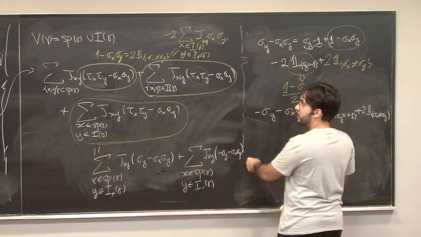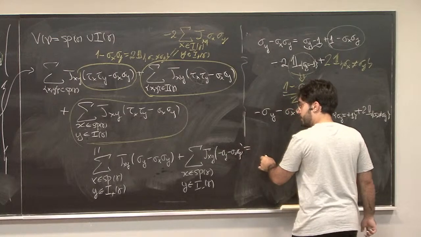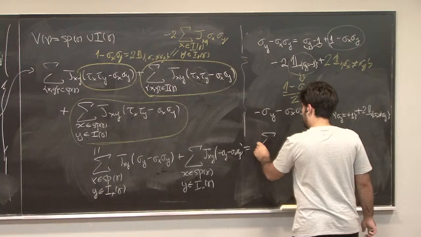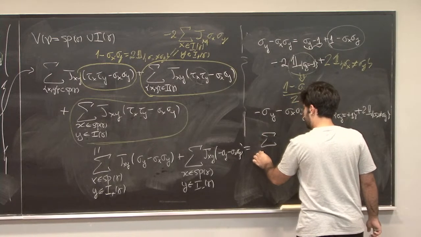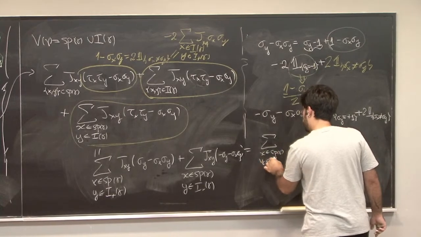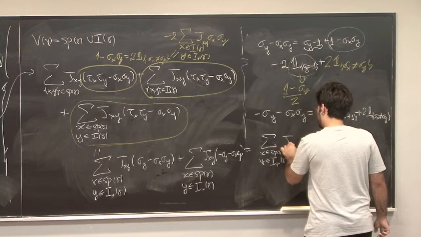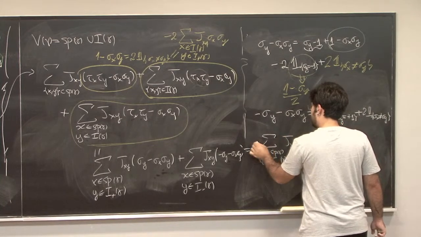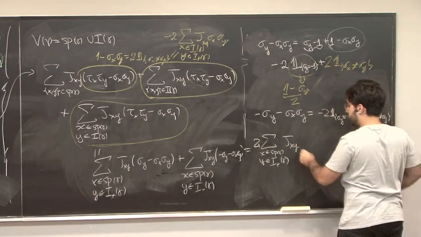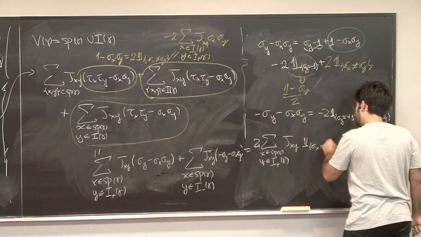This means that this sum will have 4 terms. We'll have the sum over x in the support, y in the plus interior, jxy times 2, because there is a 2 over here and a 2 over here, of the characteristic of sigma x different from sigma y.